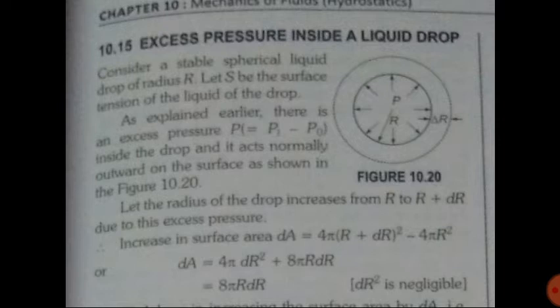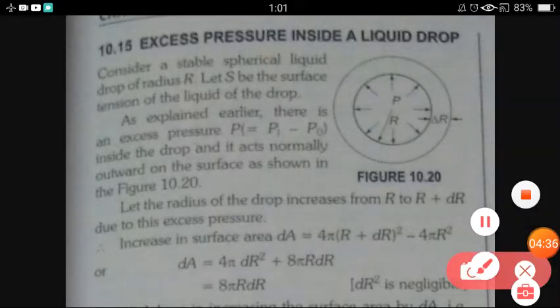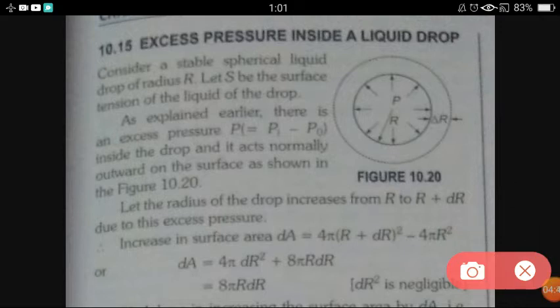The pressure is equal in all directions. Now let the new radius be R plus del R. So here you can see the old radius was R and the new radius is R plus dr.